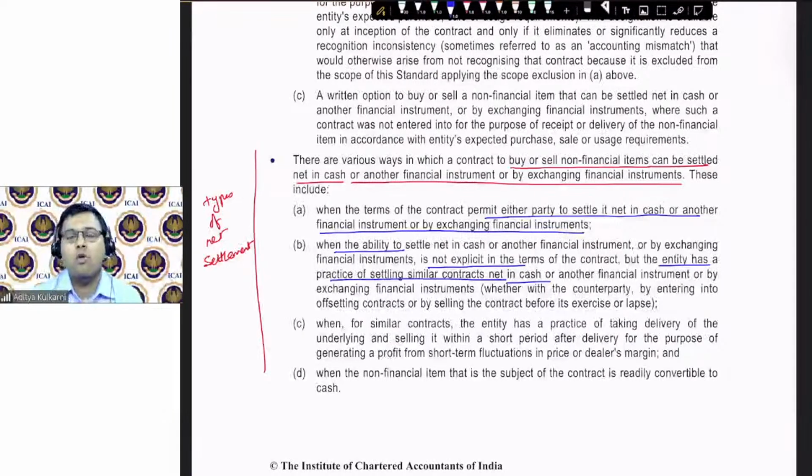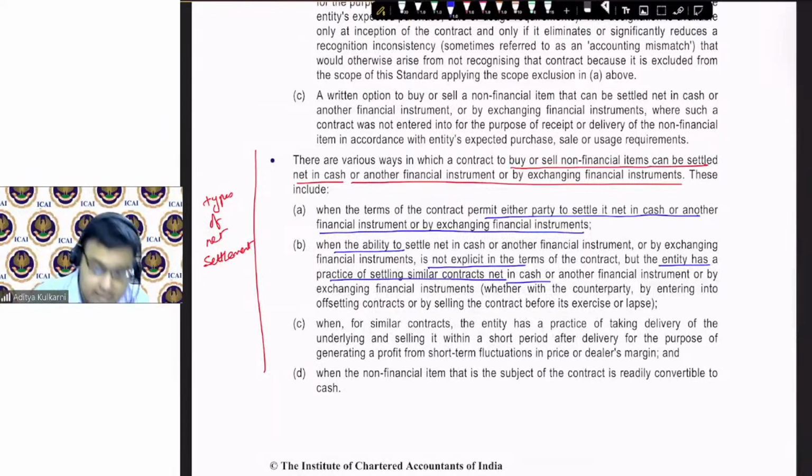So we have to look not only at whether the contract permits, but it may be possible that the contract is silent on net settlement. However, you have a practice of doing net settlement regularly on such contracts. If that is the case, then you can say that the contract is a net settled commodity derivative contract.